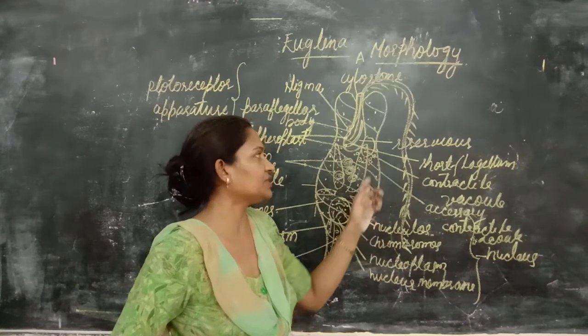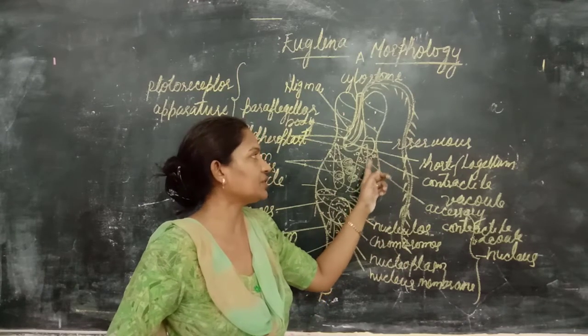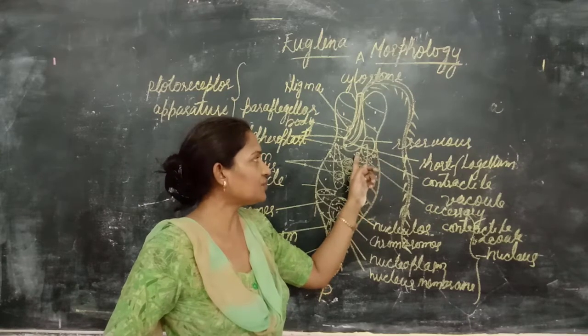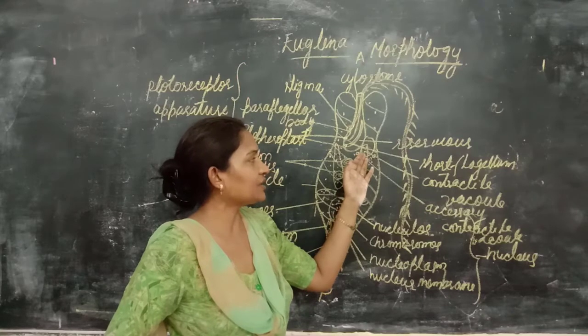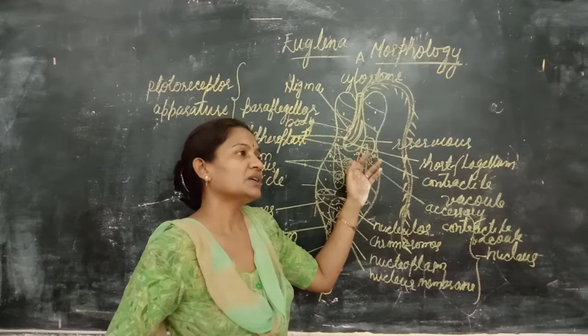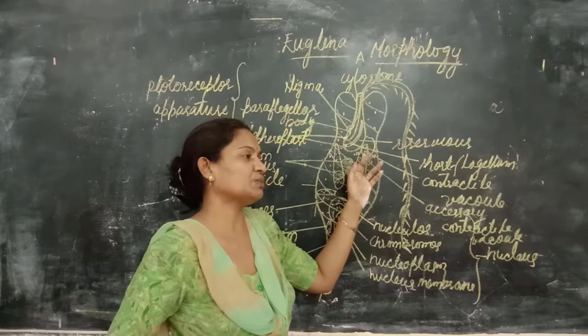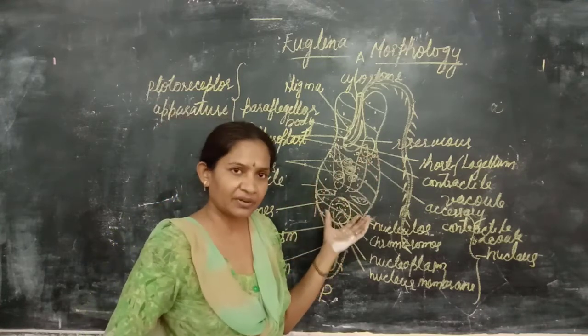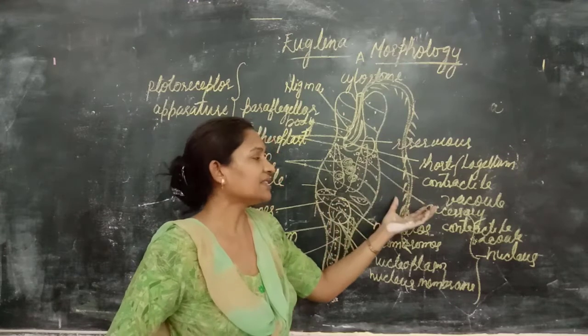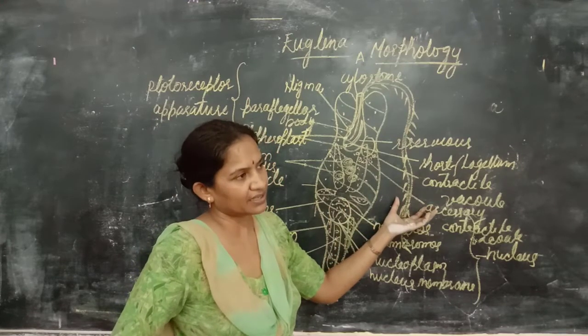Basically in osmoregulation, these small contractile vacuoles combine to form a larger contractile vacuole. This is helpful in osmoregulation because the cytoplasm of the animal is hypertonic in nature, and the surrounding water is hypotonic.